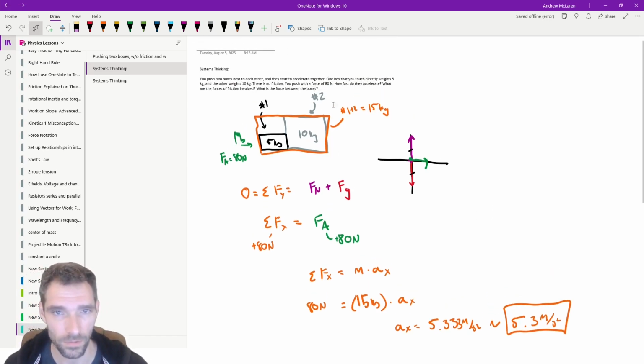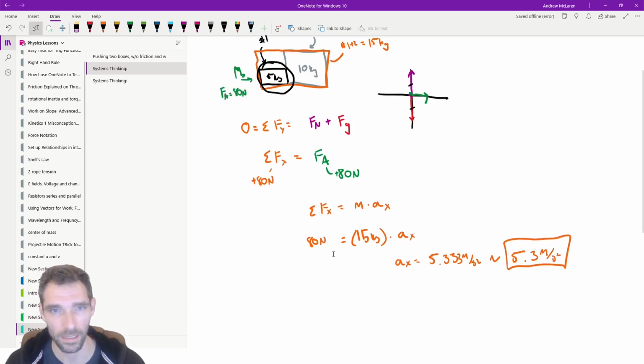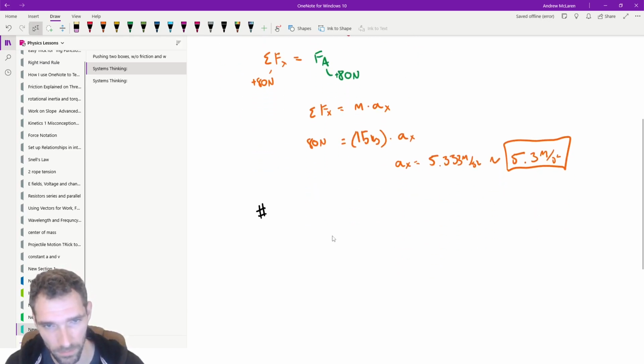Now, if we want to look at the individual boxes, we can do the sum of forces for box number 1 right here. So for number 1, it was having its force of gravity pulling down a certain amount, its normal force pushing up a certain amount. They're canceling out again.